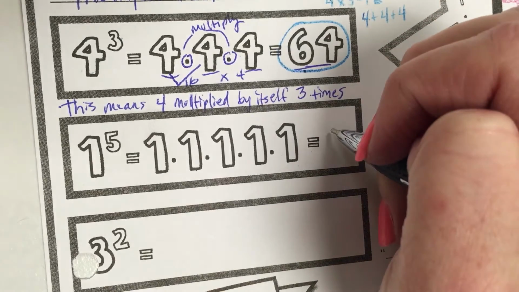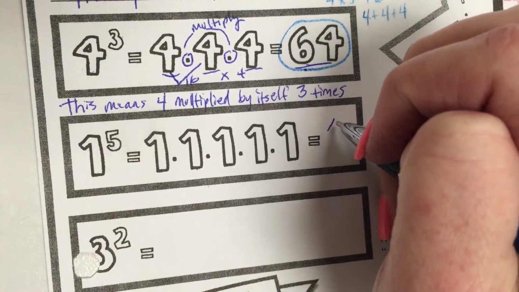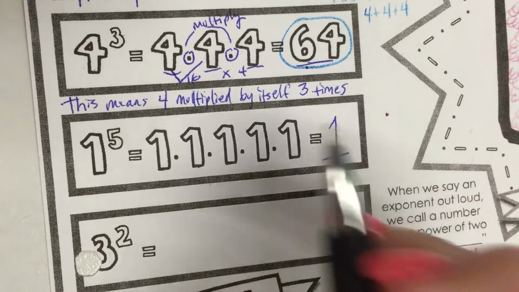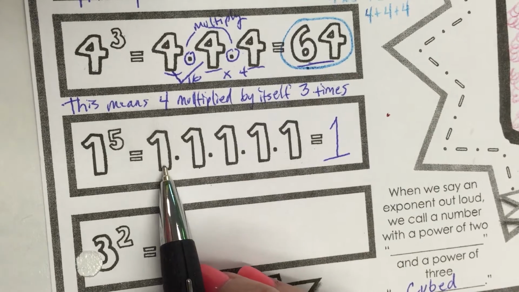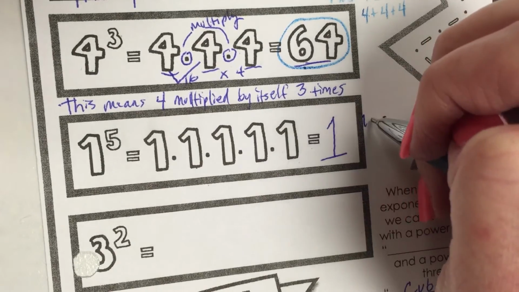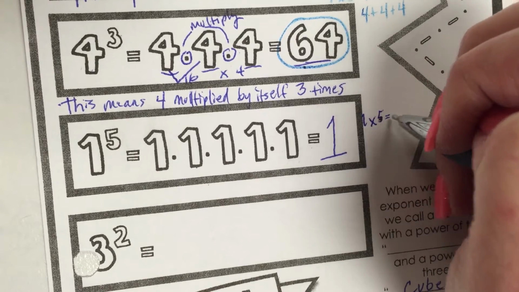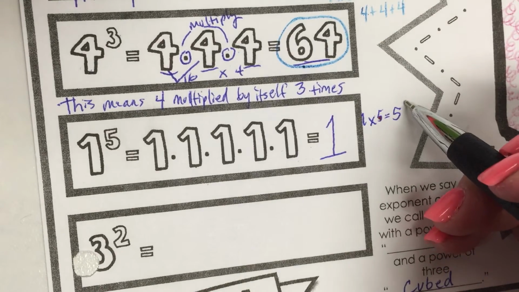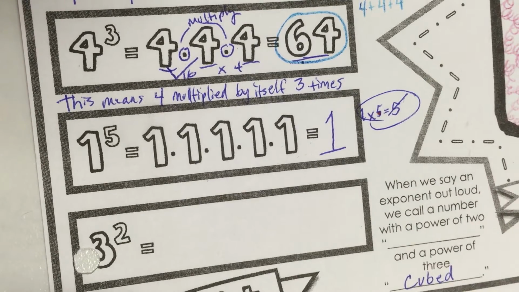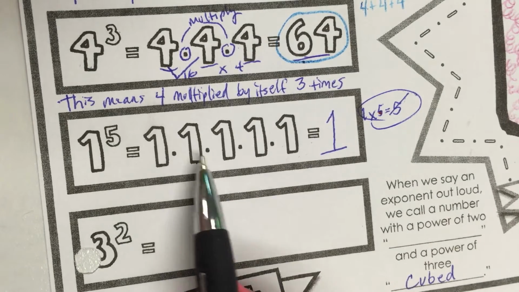And of course, when you multiply by 1, you're just going to get 1. But if I were adding, I would get 5. If I said 1 times 5, I would get 5. Well, that's not what we're looking for. We're not looking for repeated addition, which is multiplication. We are looking to multiply each number.